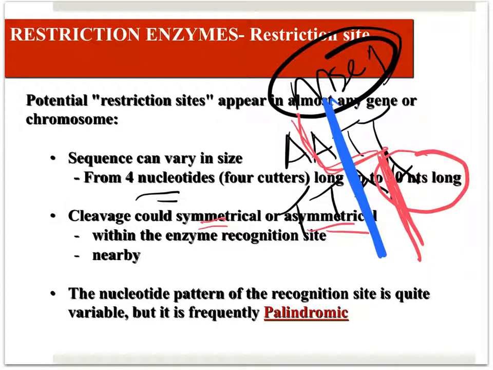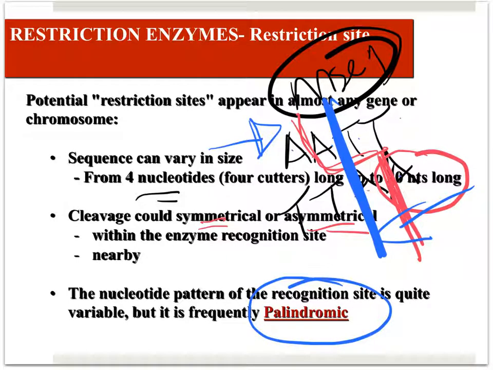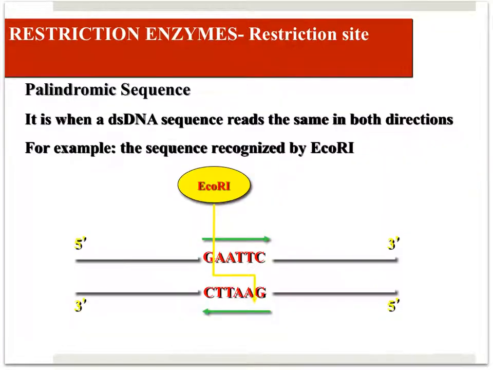I'm not going into detail on type 1, type 2, type 3, but there is a specific type that is very useful as a tool, type 2. Typically, they recognize palindromic sequences. They read the same in both directions. Like the recognition site for MseI, from 5' to 3' it is AATT, and if you look at the reverse, it's the same, AATT, right? We'll look at plenty more examples.